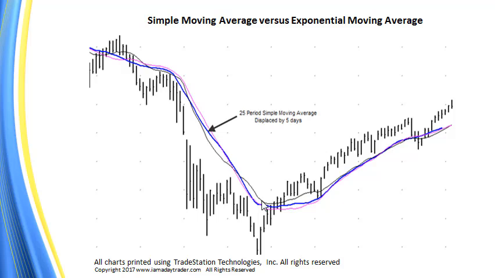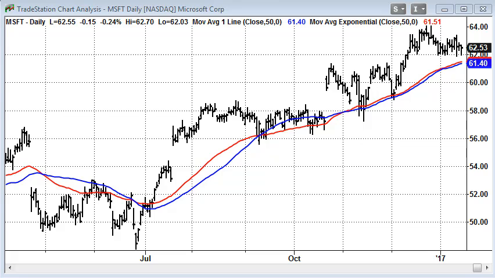As you can tell, these are almost totally identical in regards to the trend and the timing of the trend direction. So we've moved back to taking a look at Microsoft with an exponential or a simple moving average.